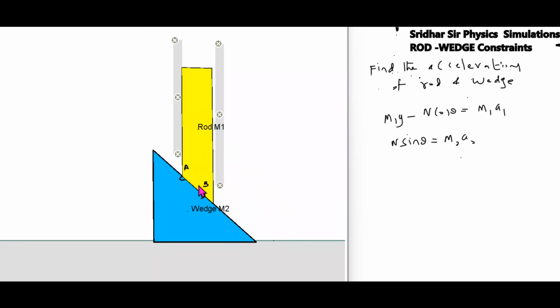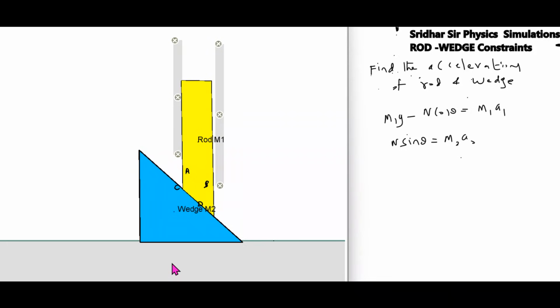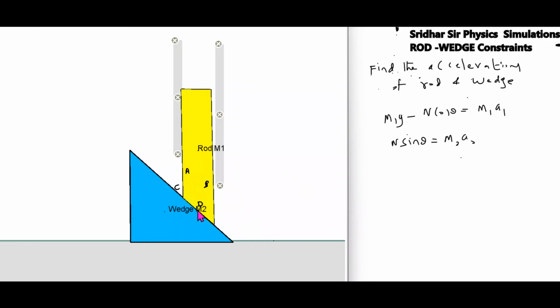Now how are the accelerations A1 and A2 related? Point A of the rod is in contact with point C of the wedge. Point B on the rod is in contact with point D on the wedge. As they start moving, you can see clearly there's a relative acceleration along this direction and no relative acceleration in this one.